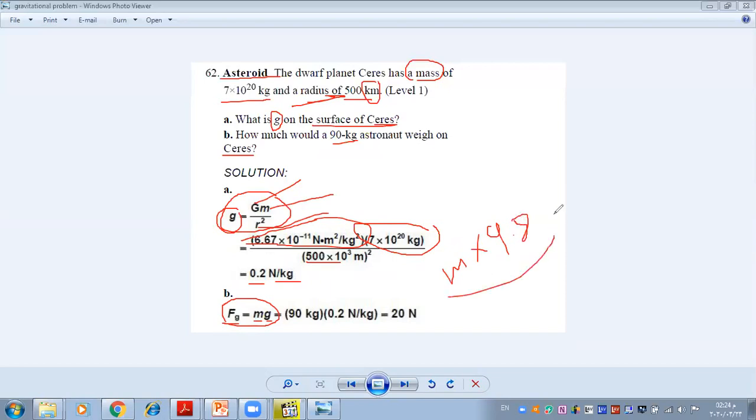Understand this point? If we are on Earth, but now we are on this planet, and g on this planet is 0.2, so just multiply 0.2 times the mass. So the person at Ceres will weigh 20 Newton.